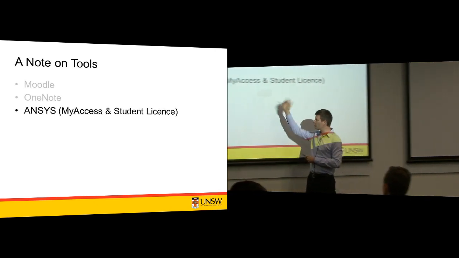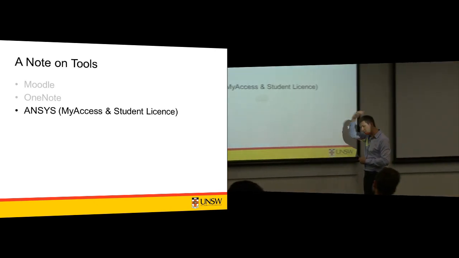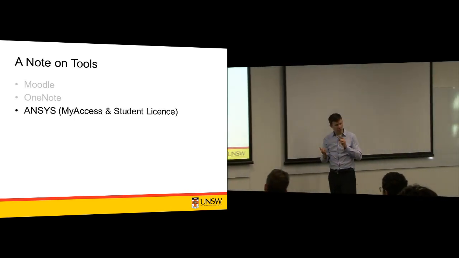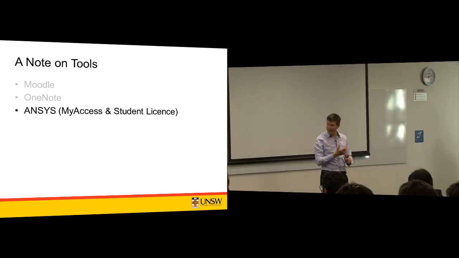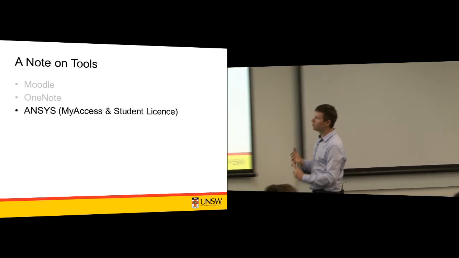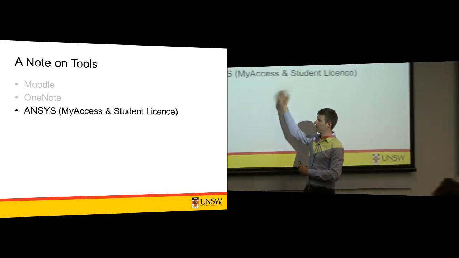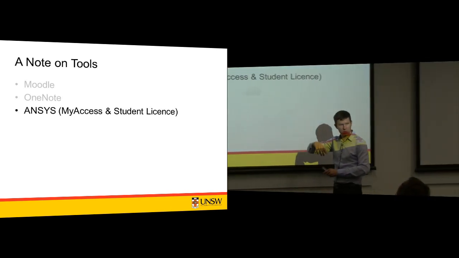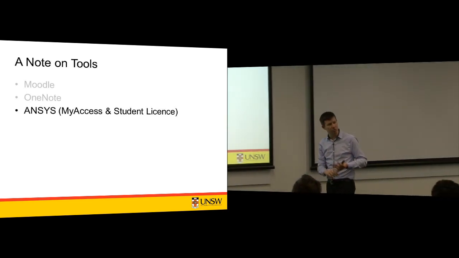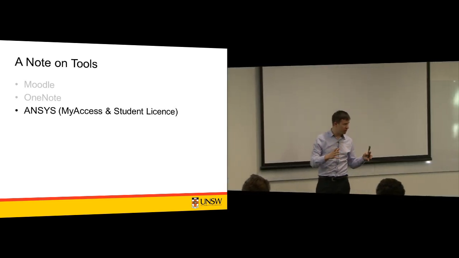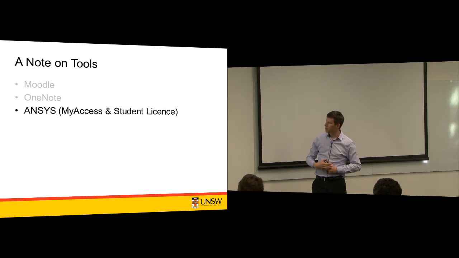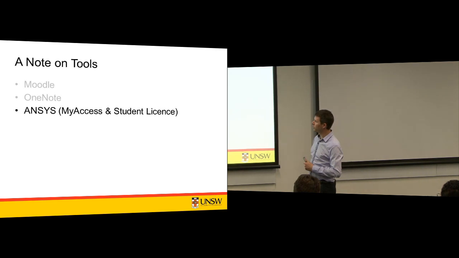The software tool that we'll be using most is ANSYS. If you search for UNSW My Access, you can get the same version of ANSYS as we're using in the software labs, remotely, from home or on campus, but on your own device. There's a little install, and it sets up like a virtual desktop.